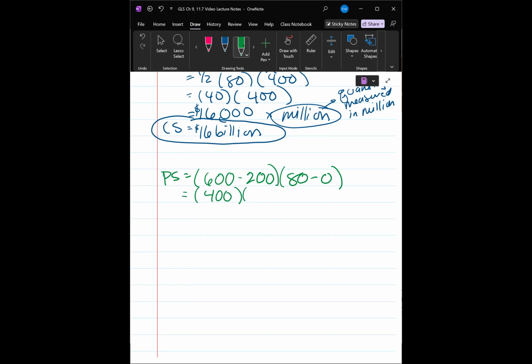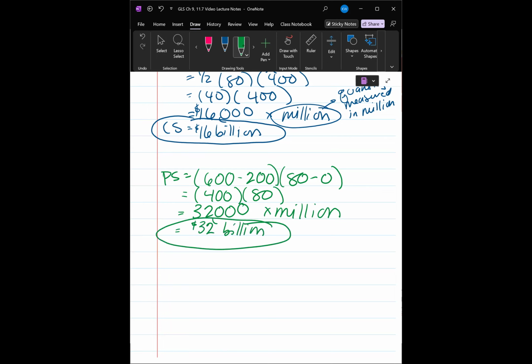Simplifying gets us 400 times 80, which gets us 32,000. Multiply by the million because quantity is measured in millions, and we get $32 billion for our producer surplus.